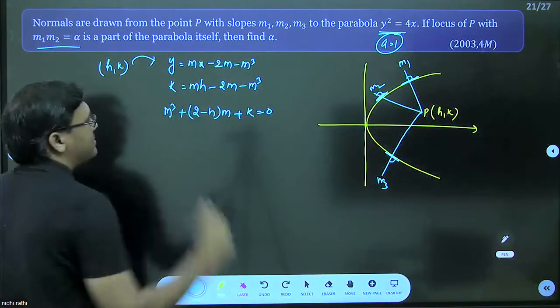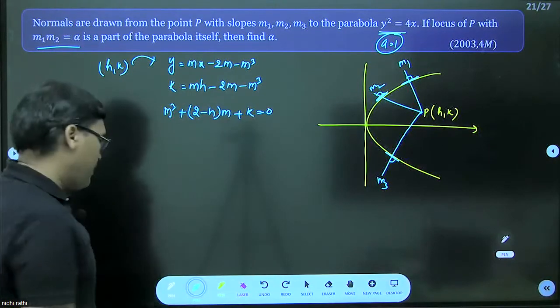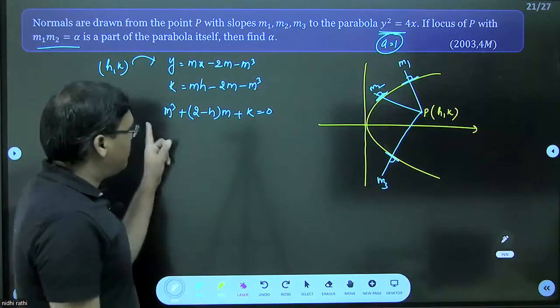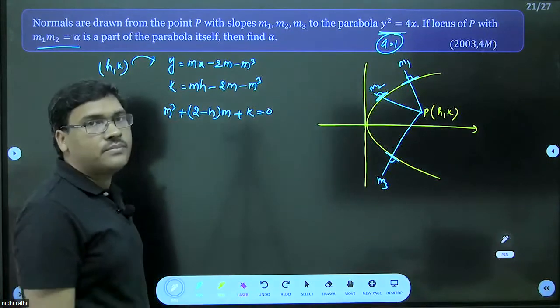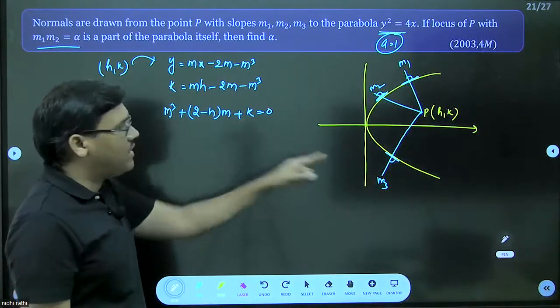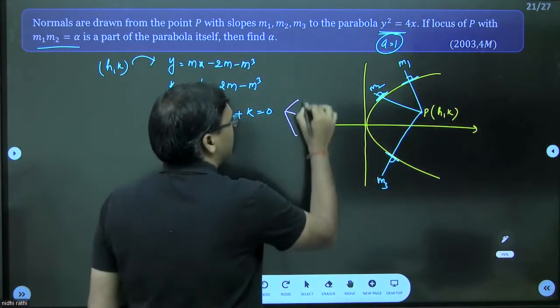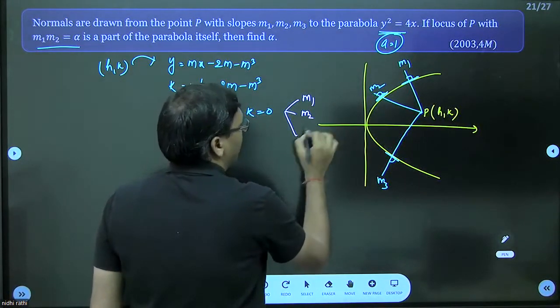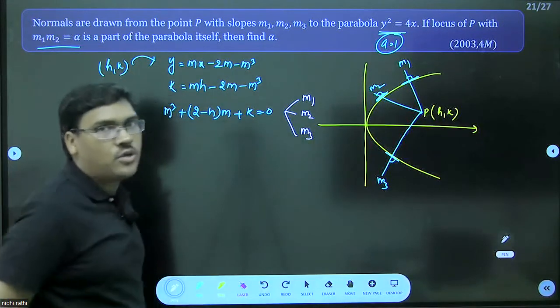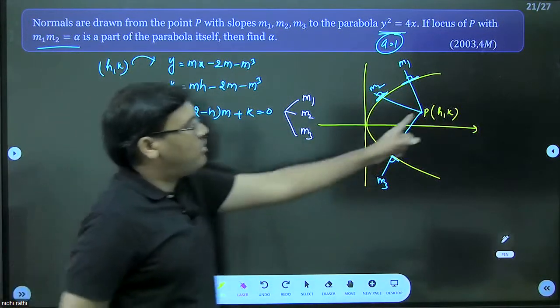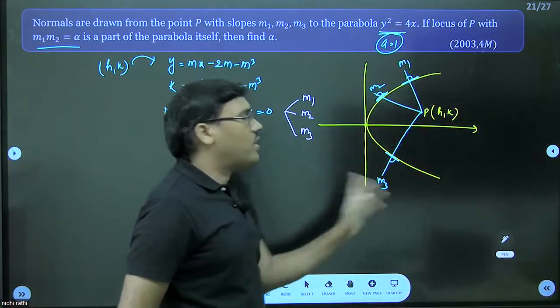Now see, this is a cubic equation in m. That means there can be three normals which can pass through h comma k, whose slopes will be the roots of this equation. The normal passing through h comma k has slope m1, m2, or m3.